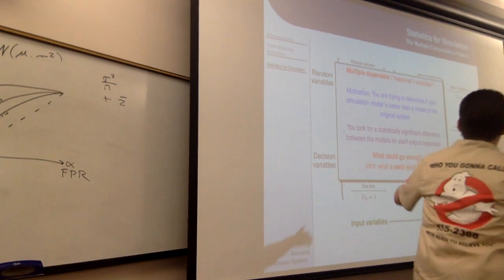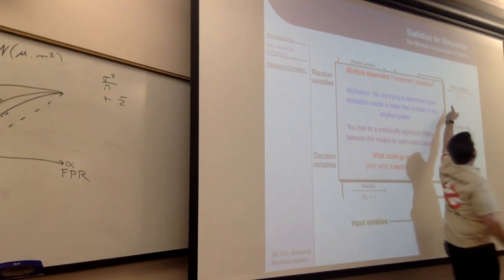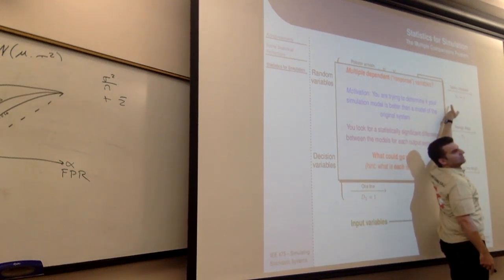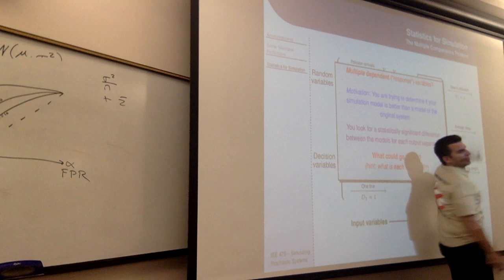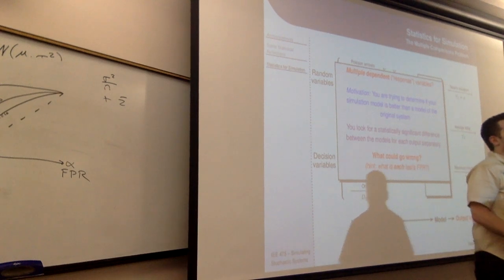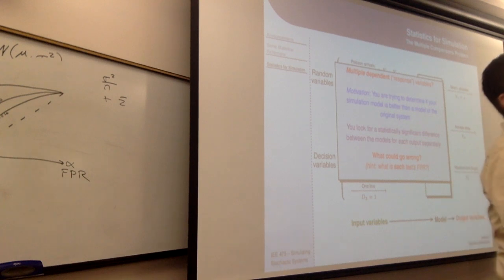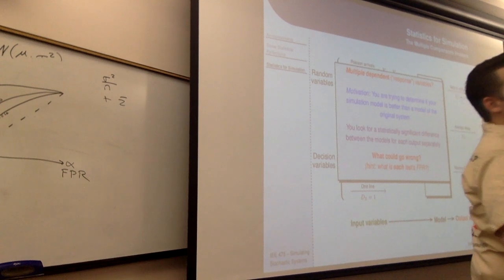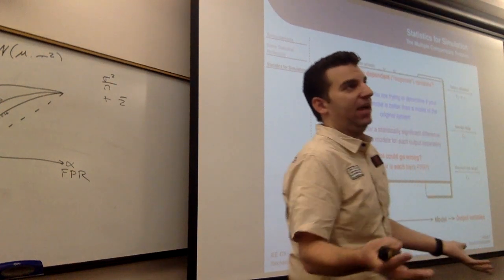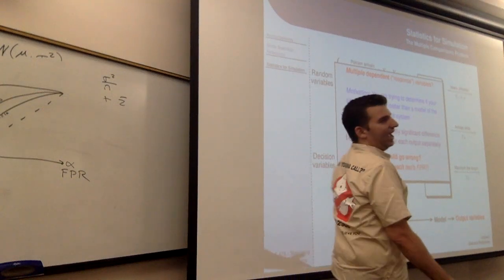And so 5% of the time I'm going to see a difference here that doesn't actually exist. So if I do a bunch of these things, and then overall, because one of them is different, I come back and say my simulation is better, I might have just accidentally found a difference when my simulation isn't better. So how do I deal with that?